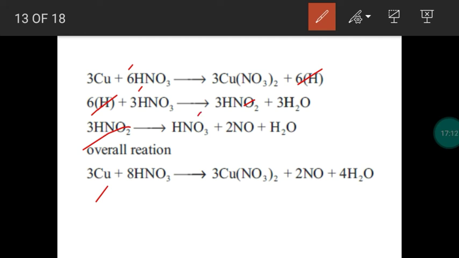So 9 minus 1, 8. So totally we have 8 nitric acid molecules on the left hand side. What about the substances on the product side? Copper 2 nitrate, nitric oxide, and 3 plus 1, 4 molecules of water. So we can write the overall reaction for this reaction of nitric acid with metals.